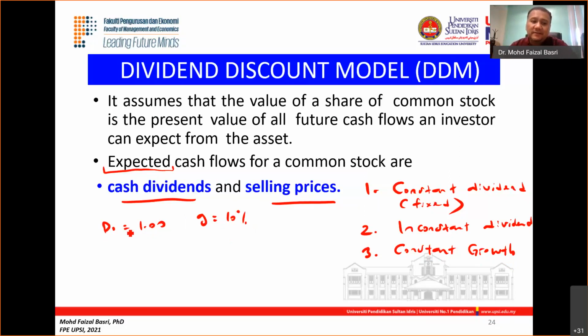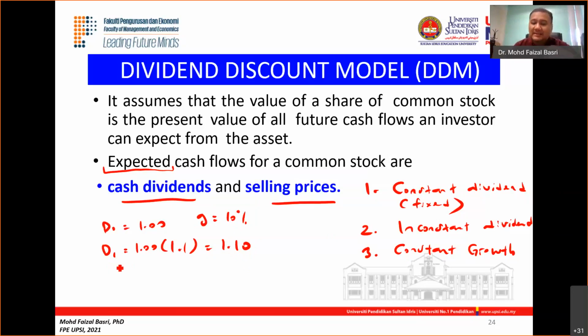So meaning, if today is 1 ringgit, next year, D1, this dividend of 1 ringgit will increase by 10%. And next year, we can expect to get a dividend of 1 ringgit and 10 cents, because 10% of 1 ringgit is 10 cents. So next year, we will have a higher dividend, which is 1.10. And this rate will remain constant at 10% every year.